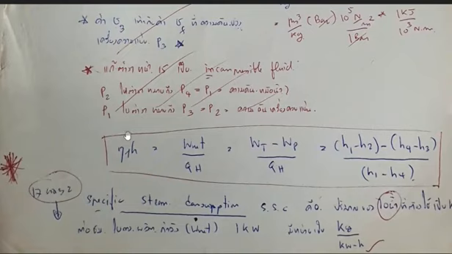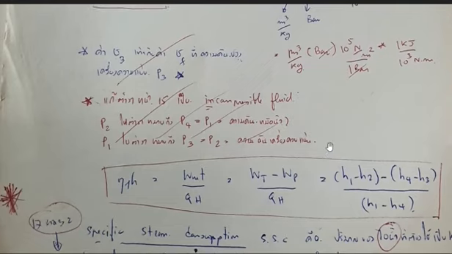After that, we will be able to calculate the thermal efficiency, which is the work net divided by QH. Work net would be the work that we get from the turbine, or work out, minus the work that we have to supply to the pump, which is work in, divided by QH. Or we can write it in terms of enthalpy.